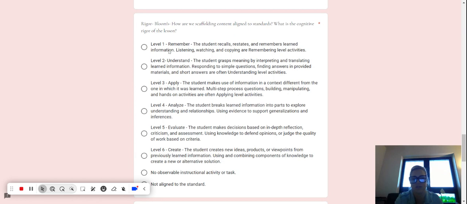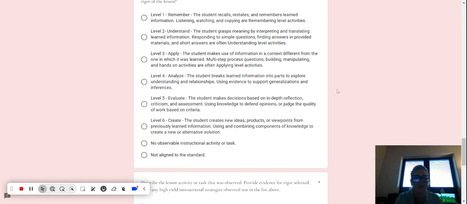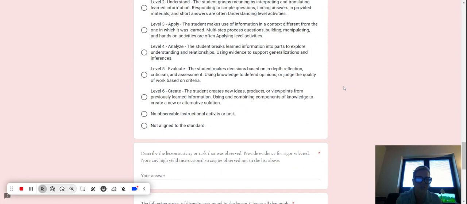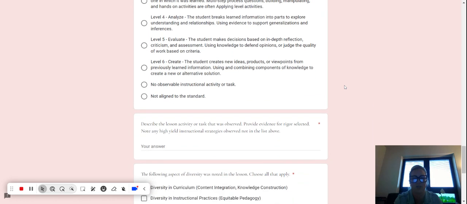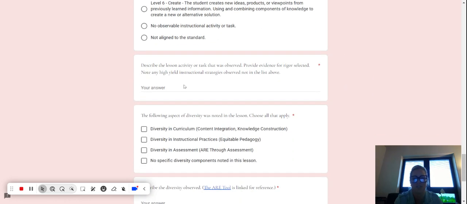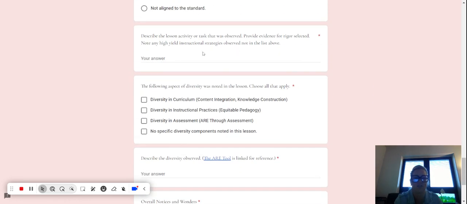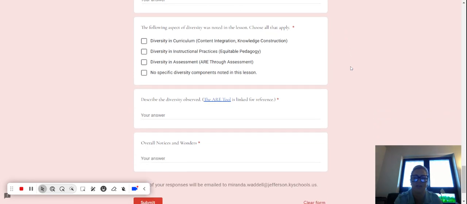And so we want to make sure we see a variety. We understand that level 1 is necessary at times, but we should be seeing higher level of rigor. Again, what are students doing? Do they have work? Do they understand what they're learning? And are they using that? And so just a little bit, just a description of what is happening in there.